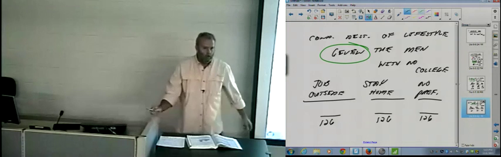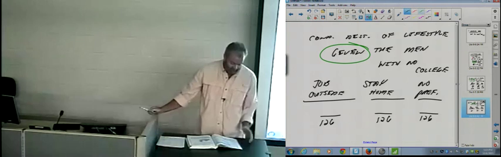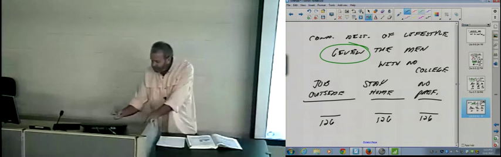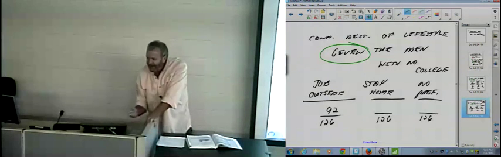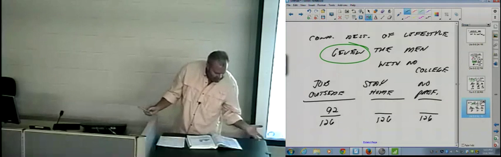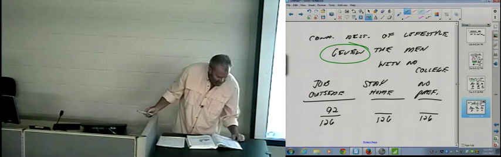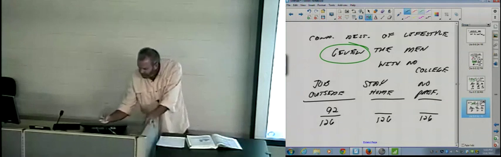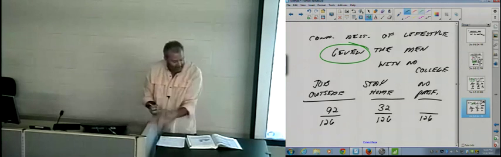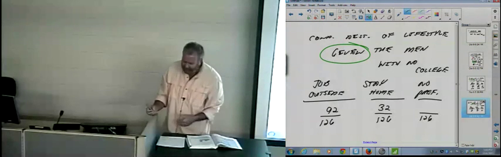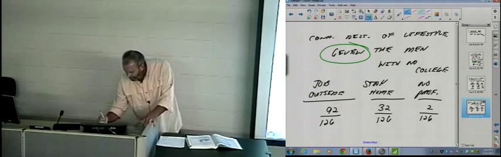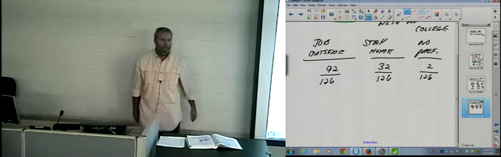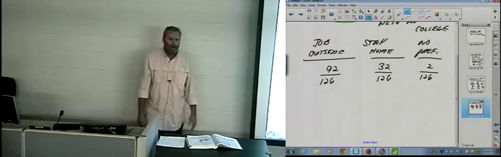Then in that row, the men with no college, how many said a job outside the home? 92. How many said stay at home and care for the house or family? A house and family is 32. How many had no preference in the men with no college? So what is 92 divided by 126?